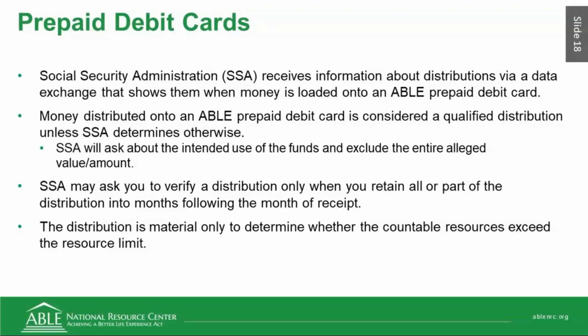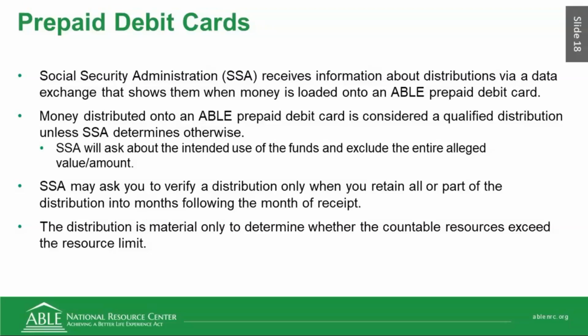So if we look at the second bullet, when Social Security sees money loaded onto that card, they consider the distribution as a qualified distribution, and they'll ask the SSI recipient, some folks say the SSI beneficiary, about the intended use of the funds, and then they'll exclude the entire amount. Jim was talking about, he had told you that monies on that card or in that account, it doesn't count towards income.